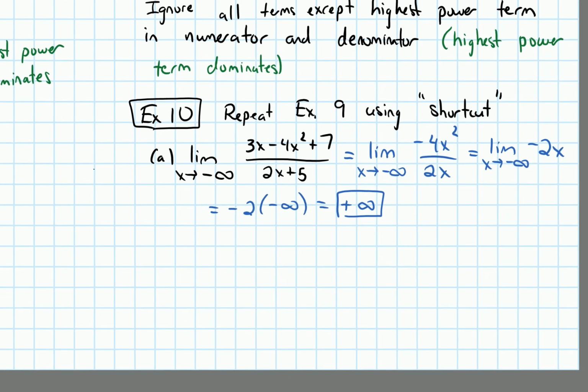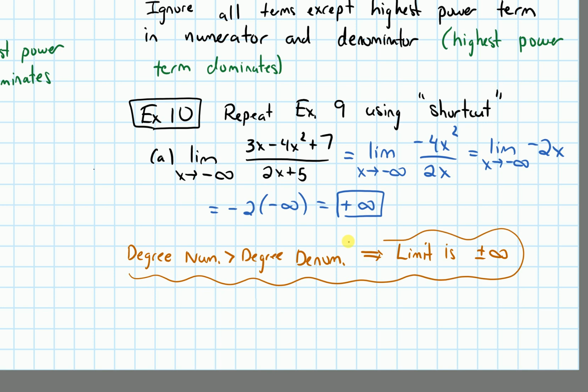I want to make one general comment: in general, if we are doing an infinite limit and the degree of the numerator is larger than the degree of the denominator, as it was here, then the limit is going to be either positive or negative infinity. We can use the shortcut to determine which one.